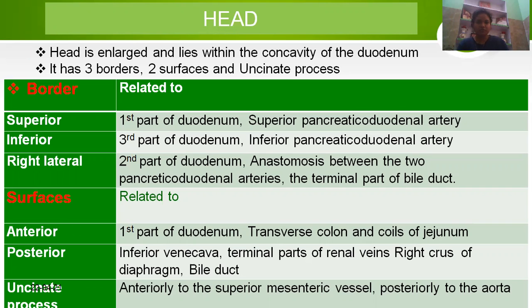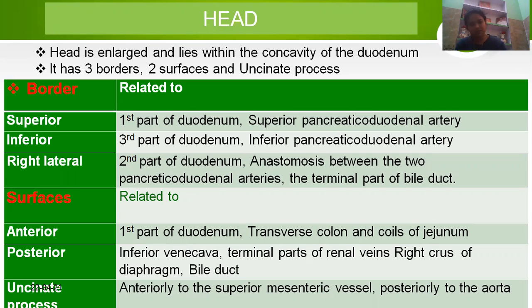Now, surfaces. The head has two surfaces, anterior and posterior. The anterior surface is related to the first part of the duodenum, the transverse colon and the coils of jejunum.